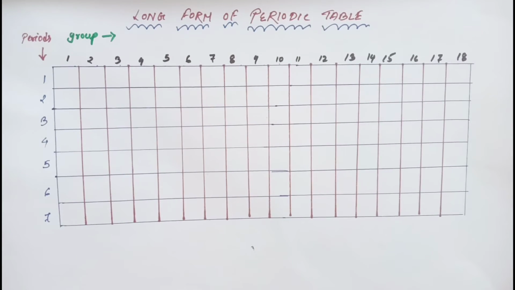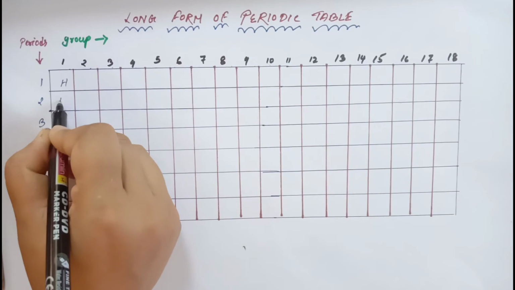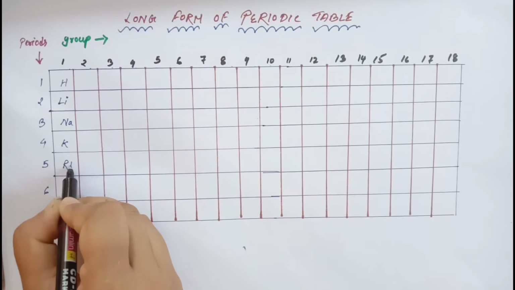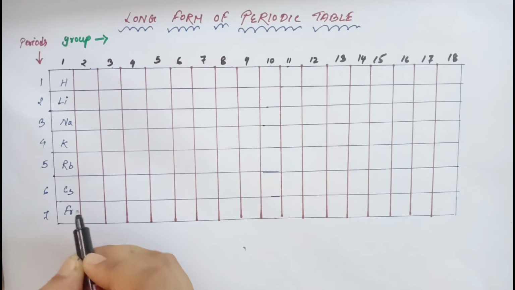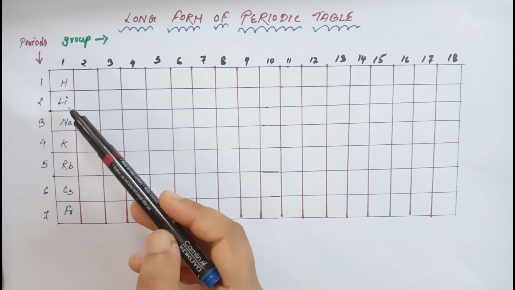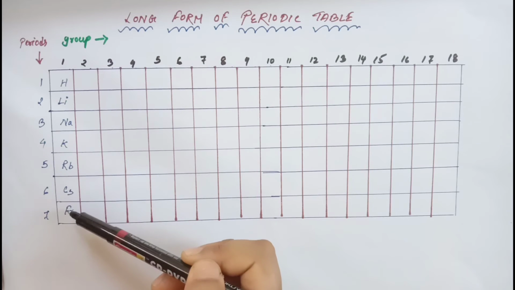Now see how these elements are classified into particular groups or periods. The first group contains hydrogen, lithium, sodium, potassium, rubidium, cesium and francium.